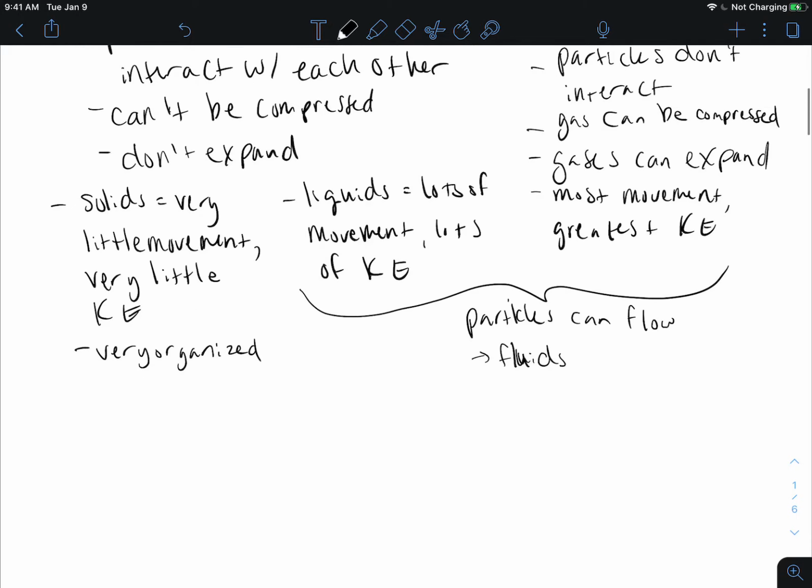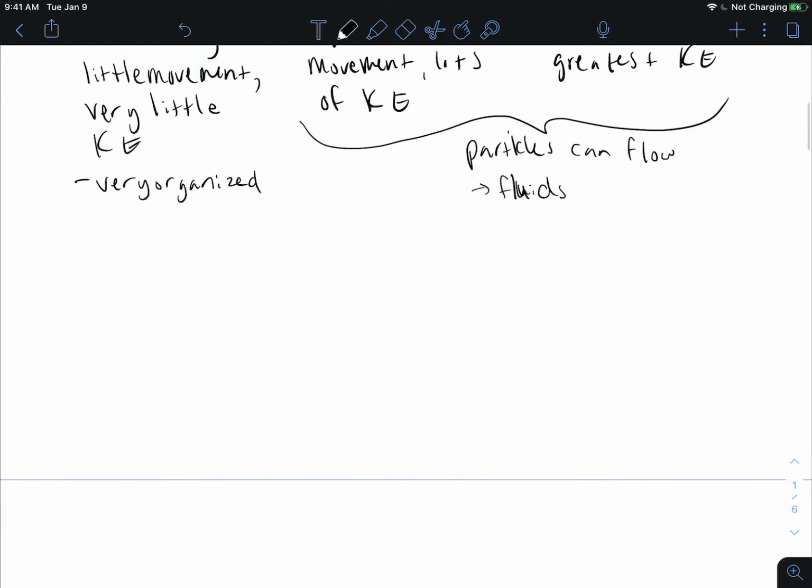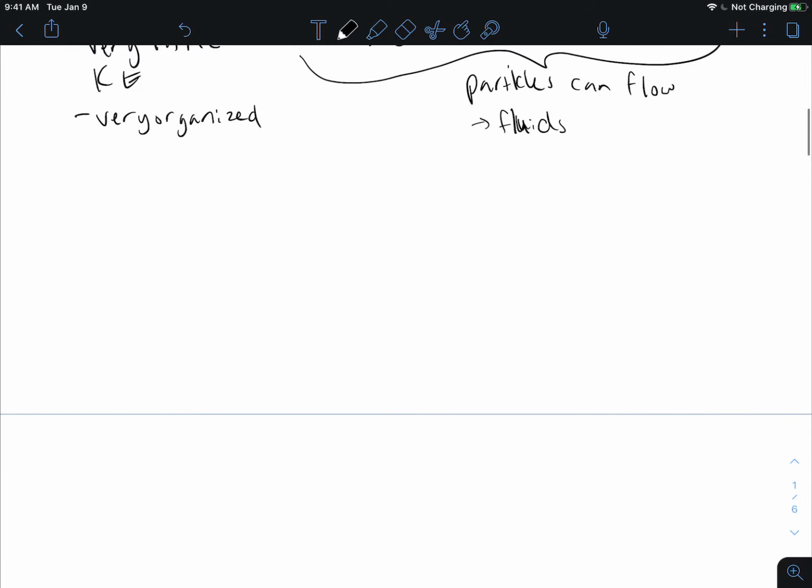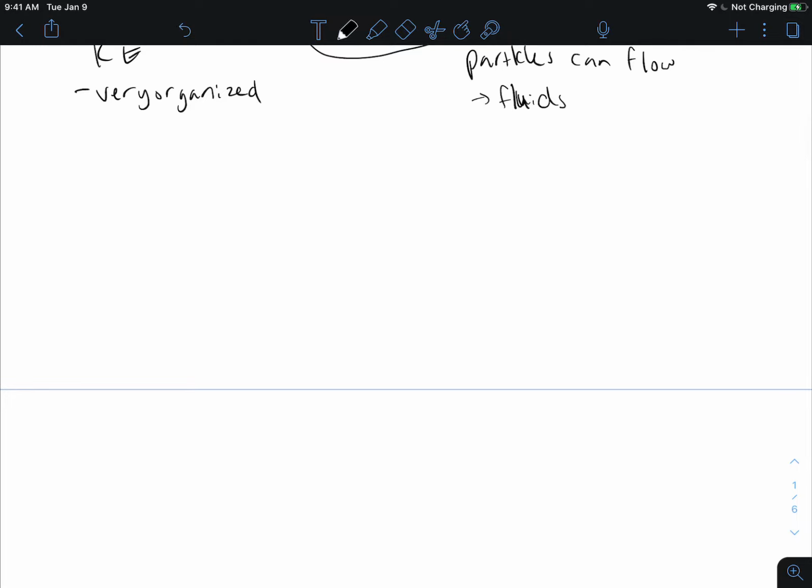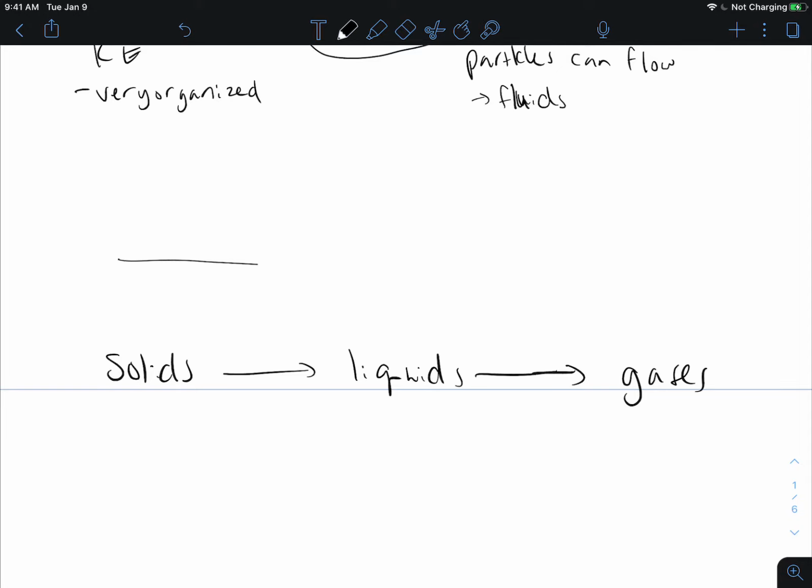Okay, so let's think about what happens in each of our phases as we add or remove energy. So we're going to look at solids versus liquids and gases. If we're going from a solid to a liquid to a gas, in order to get to each one of these phases, we have to add heat.